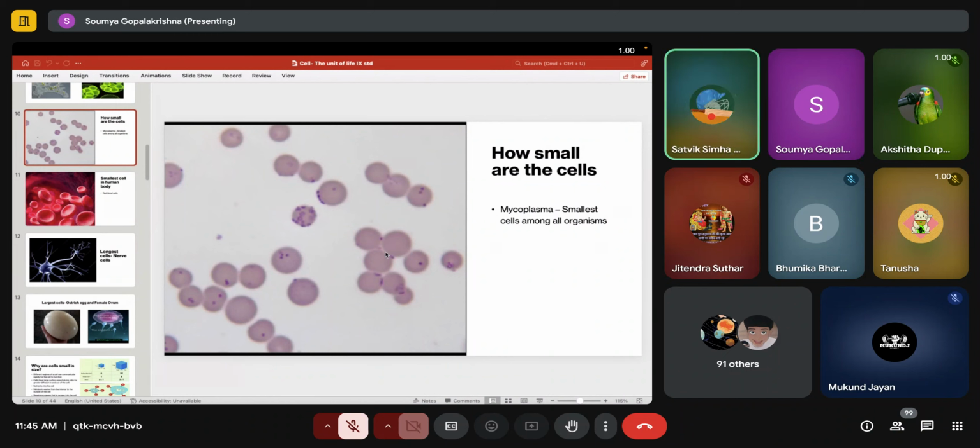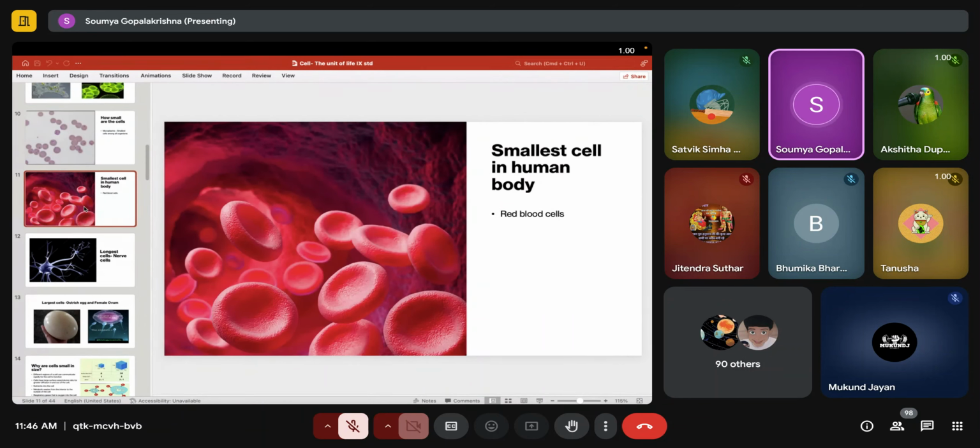Ma'am, is mycoplasma a bacterium? Yes, it is a kind of bacterium. So, red blood cells are the smallest cells in our human body.